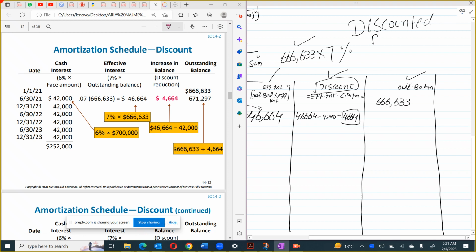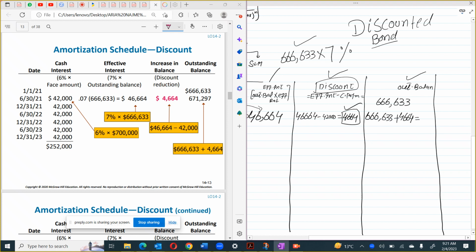Remember, discounted bond. And what is a discounted bond? When the present value is less than the face value, the principal value. So how will you calculate the outstanding balance? You will add the previous outstanding balance plus the discount amount.